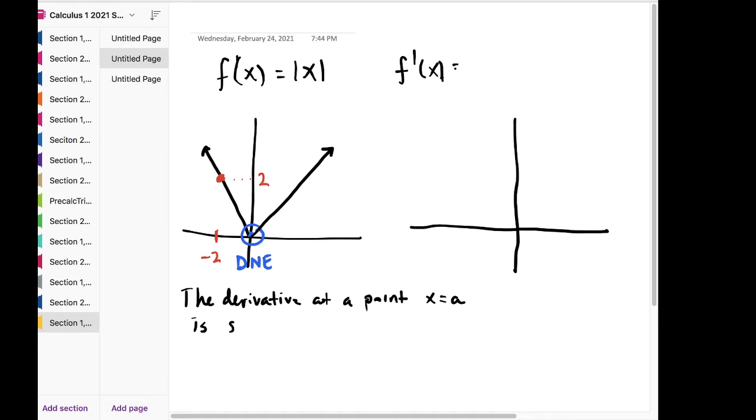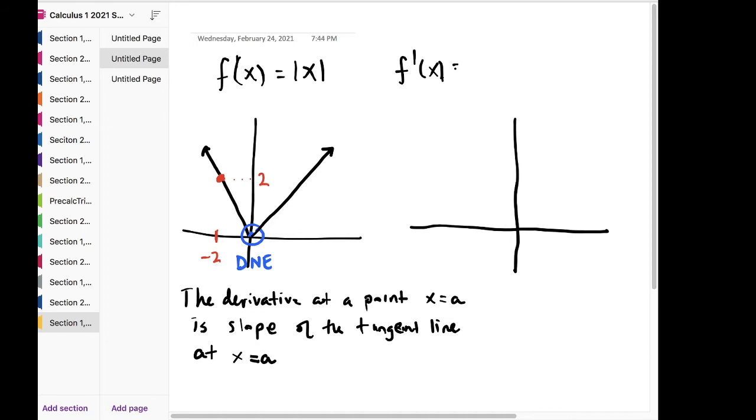Slope of what? Good, of the tangent line at x equals a. What is the tangent line at, for example, -2?